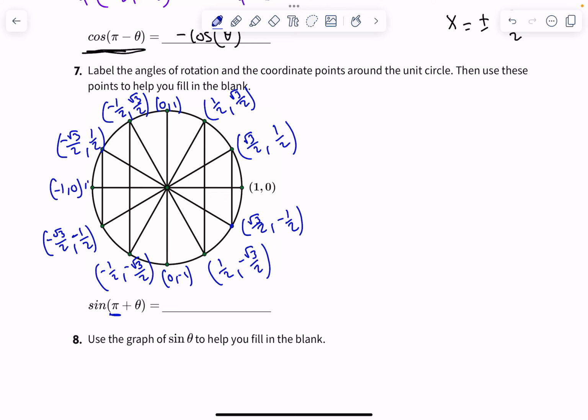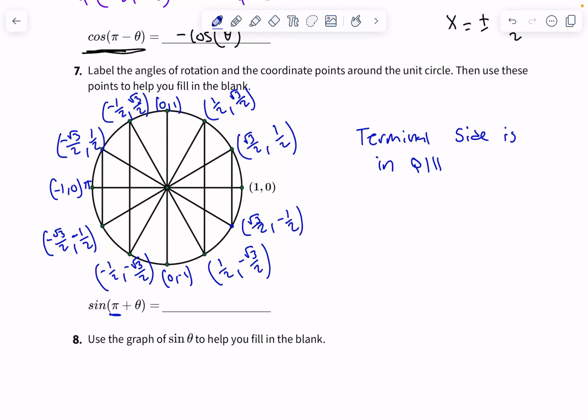So now let's think about sine of pi plus theta. This is pi right here, okay? I'm adding theta, either this theta or this theta, right? So think about, what quadrant are you in if I'm adding pi plus an angle theta? The terminal side is in quadrant 3. Okay, so that's important. We are in quadrant 3.